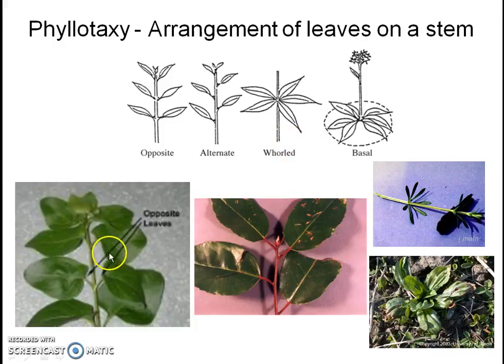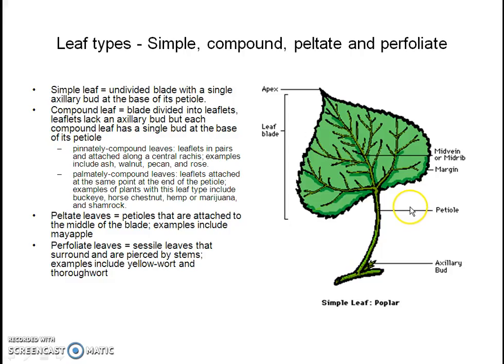This is opposite phyllotaxy, that is, two leaves oppositely arranged on a single node. This is alternate phyllotaxy, a single leaf on a single node, alternately placed. And this is whorled phyllotaxy, which shows more than two leaves arranged at a single node.